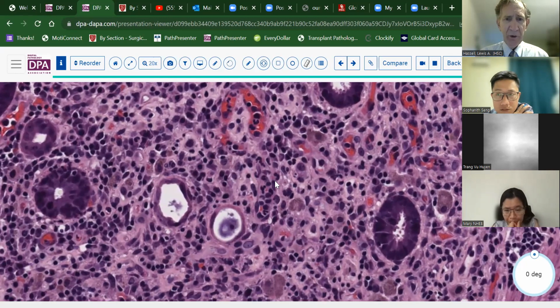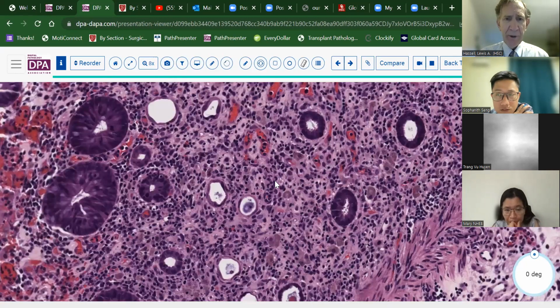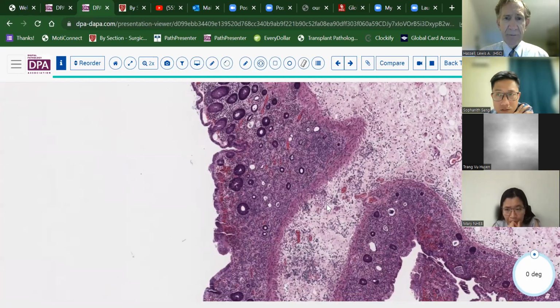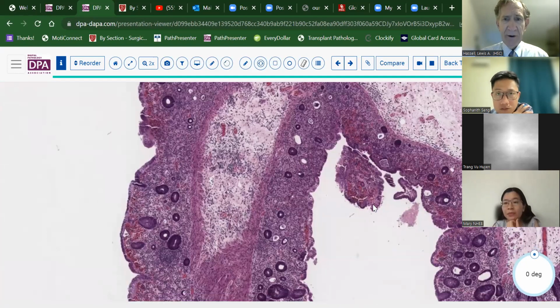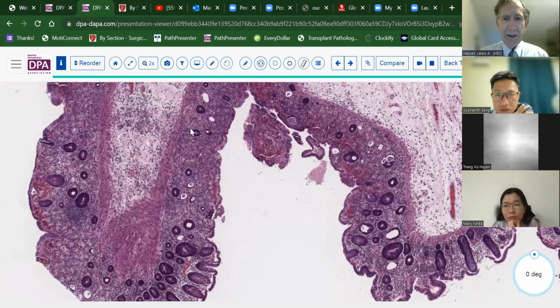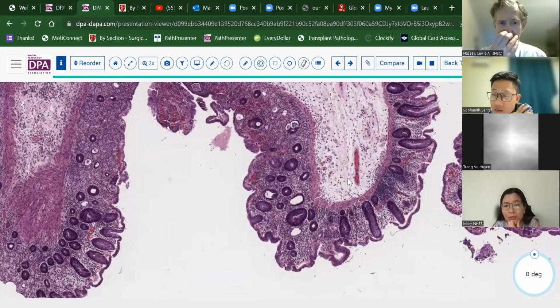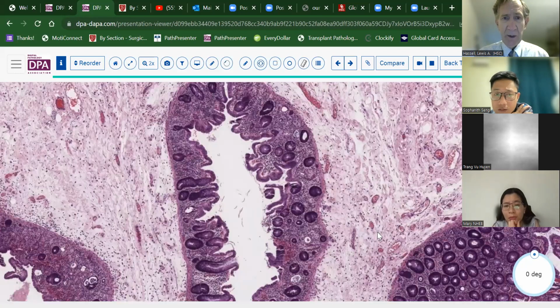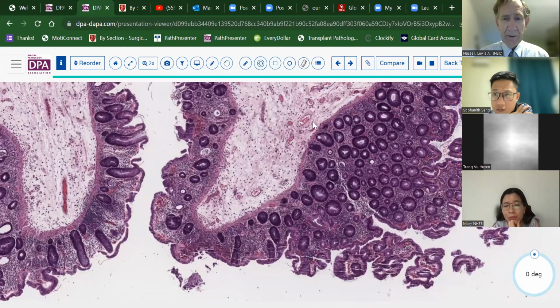So this I felt was a good example of chemotherapy-related colitis, and we signed it out as such, and that is just one of those complications that can occasionally occur with the use of anti-metabolite chemotherapy agents.